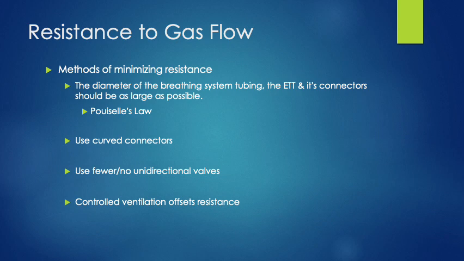You want to use curved connectors. Again, this is referencing Reynolds number that you'll learn about. Use fewer or no unidirectional valves, and controlled ventilation offsets resistance. So if your patient is muscle relaxed, they're not going to be fighting you. And if you're controlling their ventilation, obviously there's not going to be that resistance that they have with their diaphragm working.